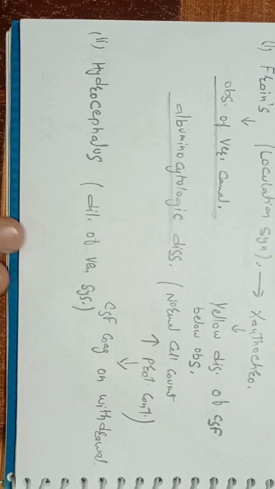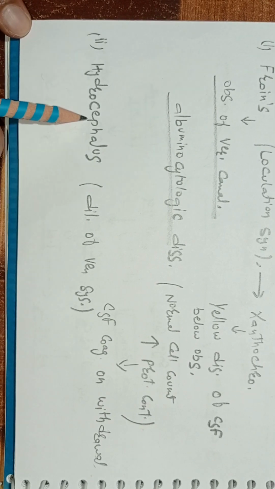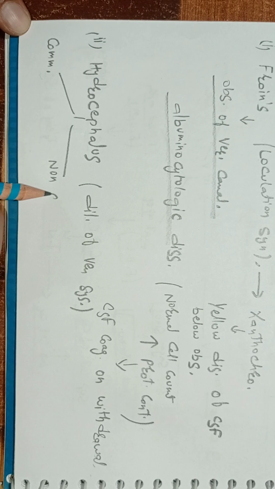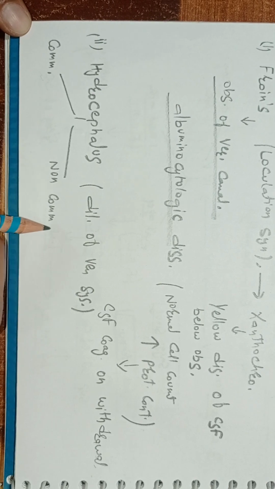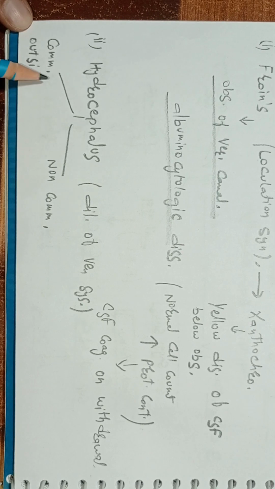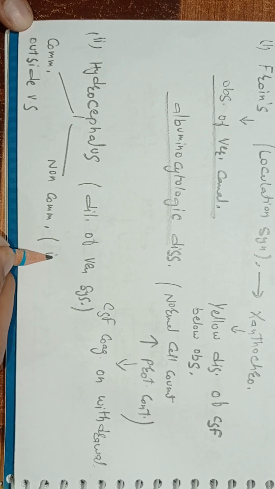Whenever there is an obstruction in CSF circulation, dilation of the ventricular system occurs, which results in hydrocephalus. This hydrocephalus is of two types: communicating hydrocephalus and non-communicating hydrocephalus. In communicating hydrocephalus, there is obstruction outside the ventricular system. Clearly, in non-communicating hydrocephalus, there is obstruction inside the ventricular system.